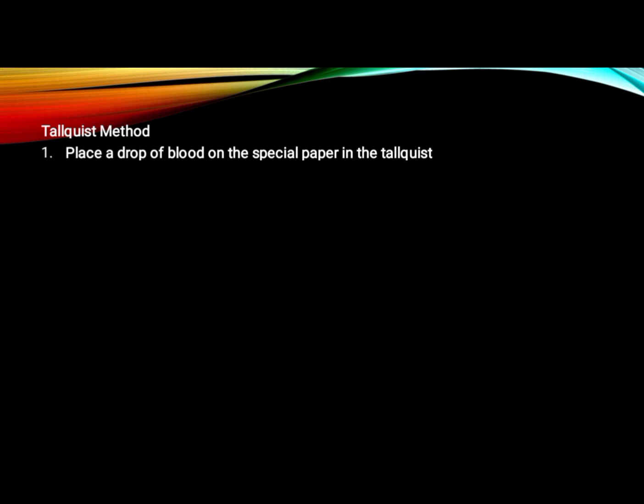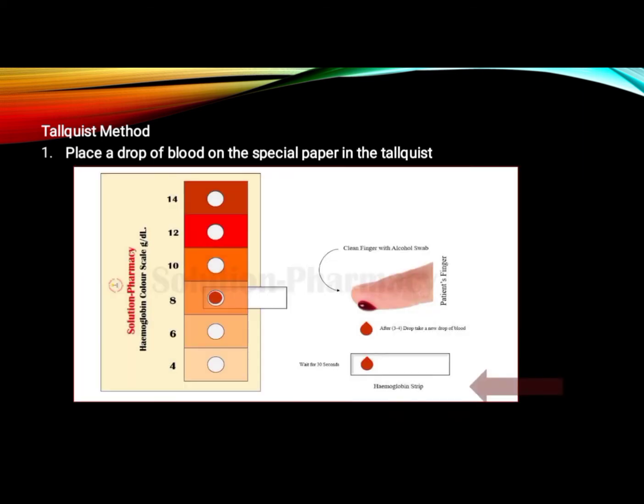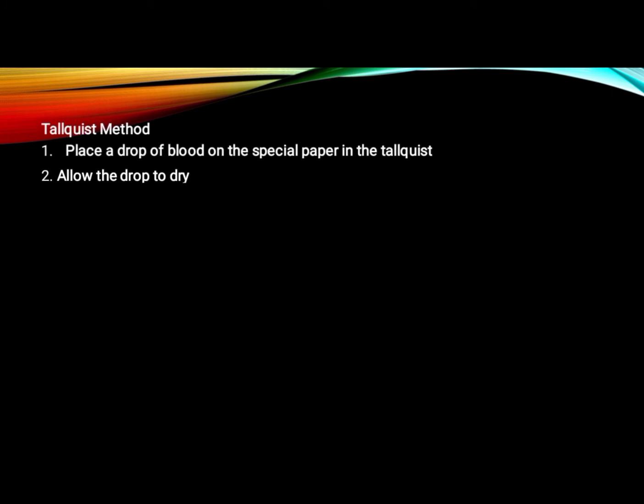First, place a drop of blood on the special paper in the Talquist. The red blood cells break open in the paper. Then, allow the drop to dry long enough to lose the glossy appearance but not long enough for it to become brown.